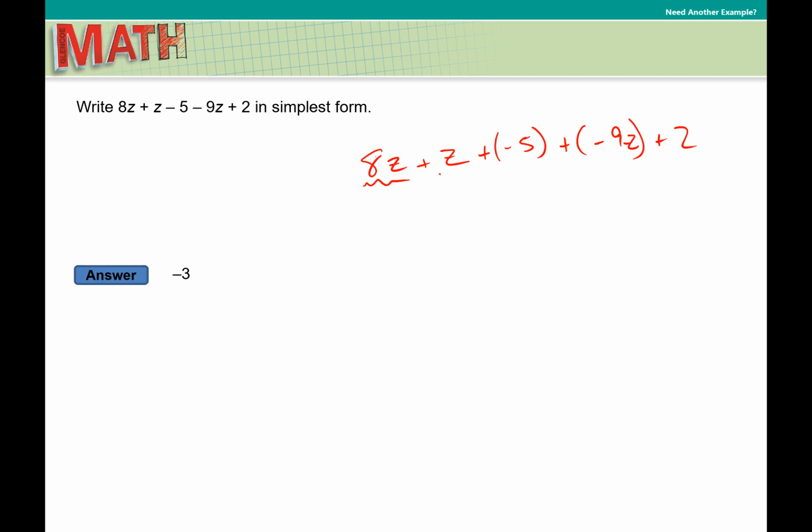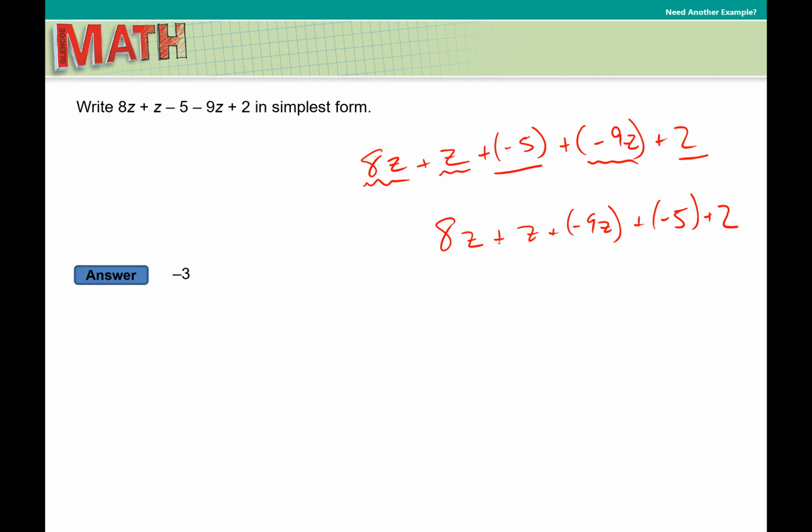We've got z's here, and we have just normal constants. Okay, so 8z, I'm going to use the commutative property to put these different ones together here so that we know what we're dealing with, and then plus -5 and plus 2.